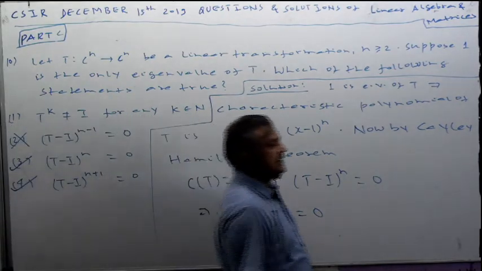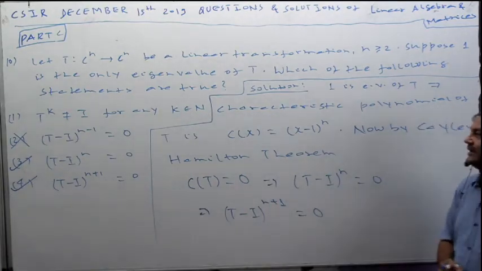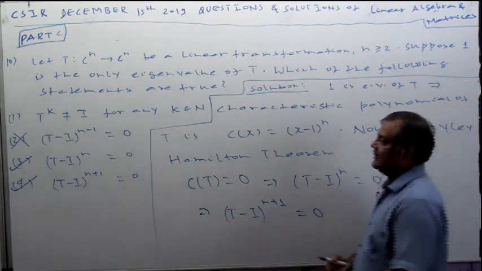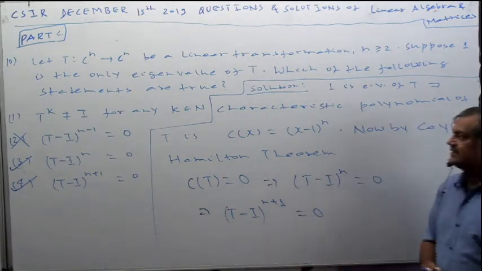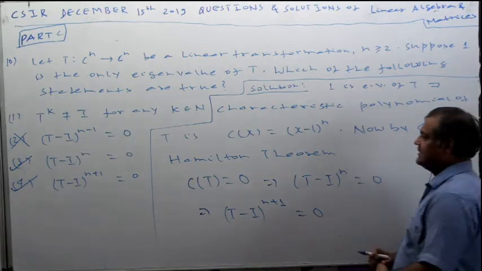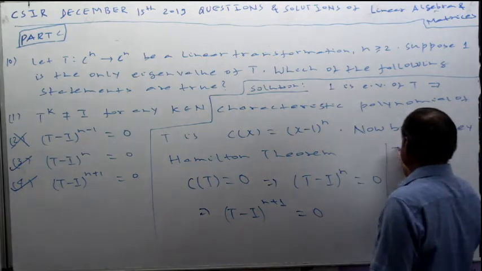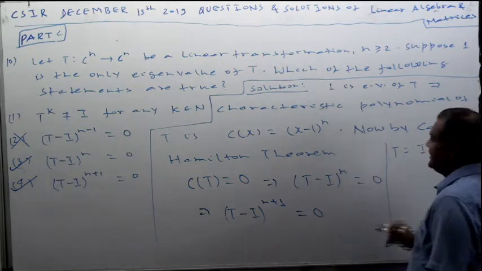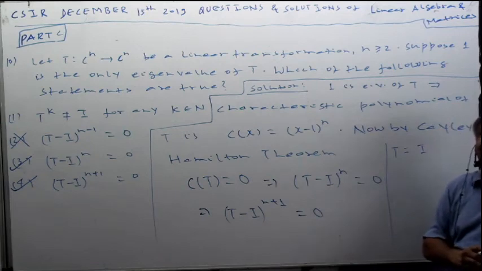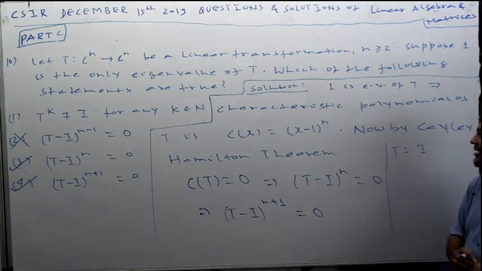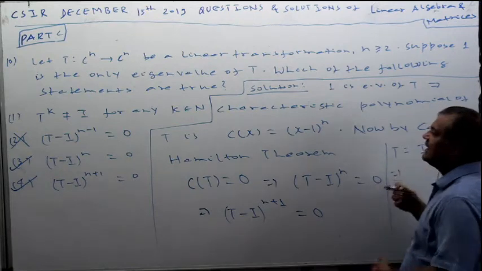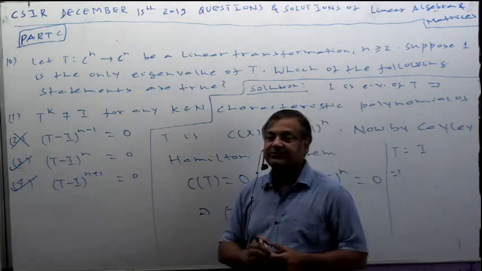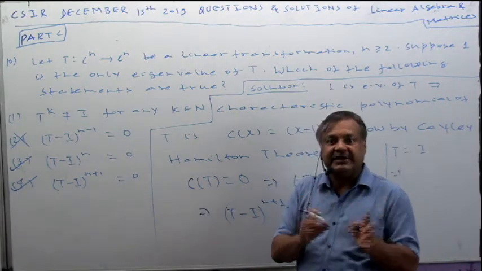Now it is asked that T to the power k is not equal to I for any k belonging to N. Do you know? If I take my transformation matrix T as identity, also all its eigenvalues are 1. Then what will happen? This implies T to the power every natural number will become identity. So T to the power k not equal to I for any k belonging to N cannot be guaranteed.